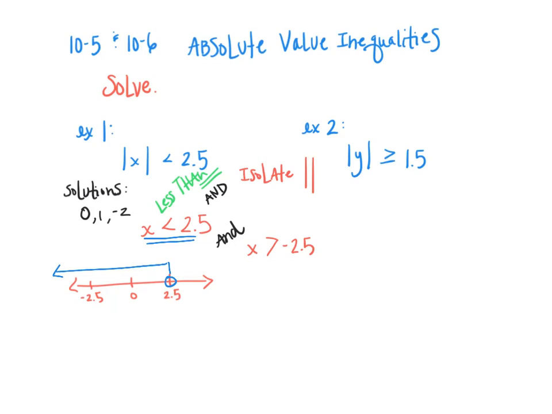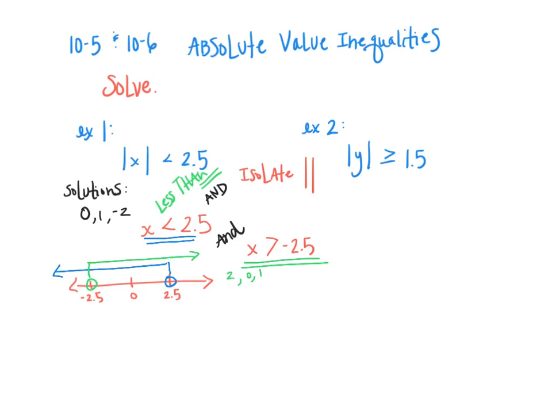For my second inequality, I would put an open circle at negative 2.5, and shade things like 0, 1, positive 2, and so on.